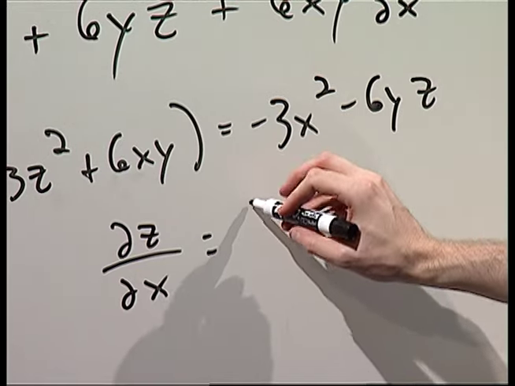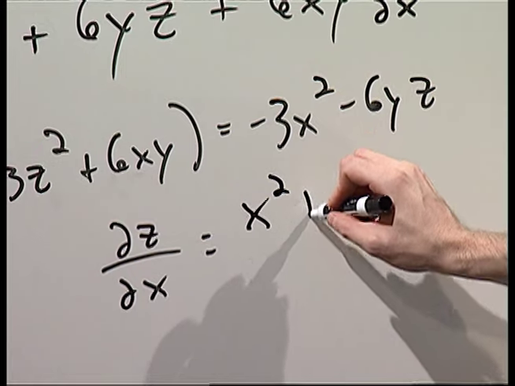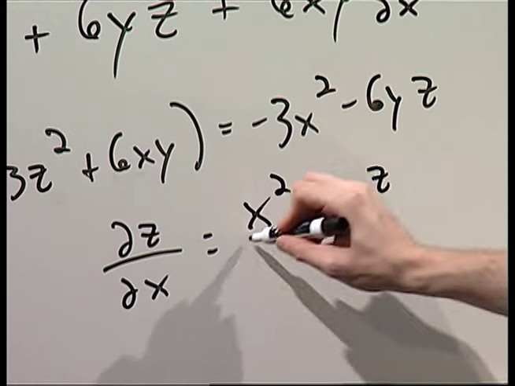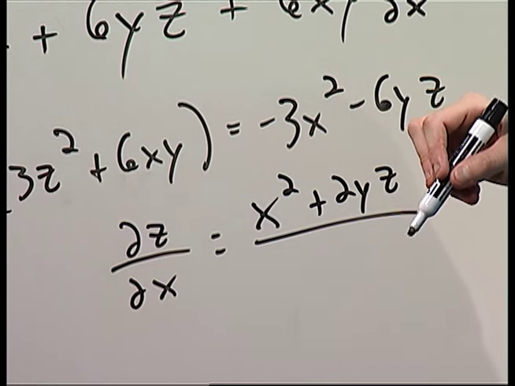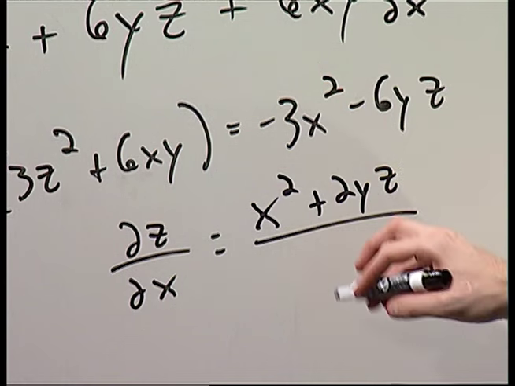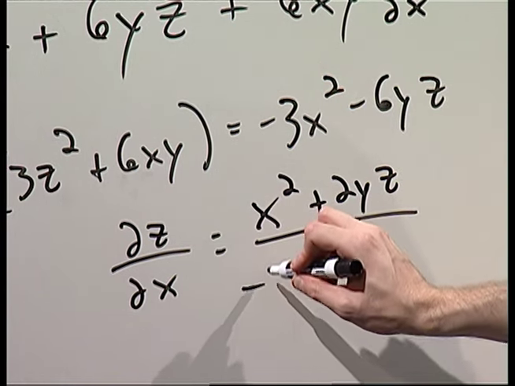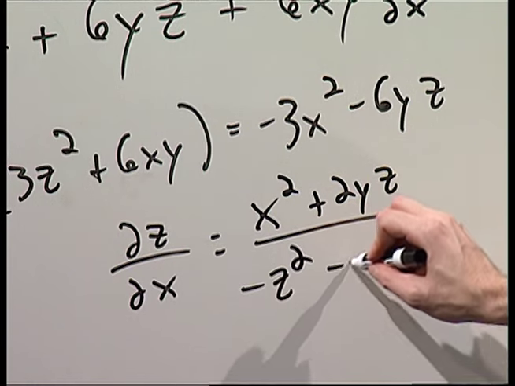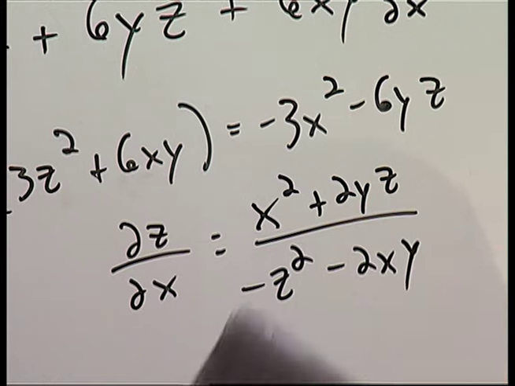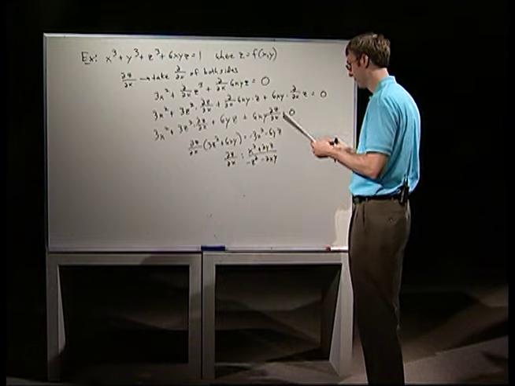That'll give me in the top an x squared plus 2yz. Pull out a negative 3 there and a negative 3 there, and I do get minus z squared minus 2xy. And is that what I have?